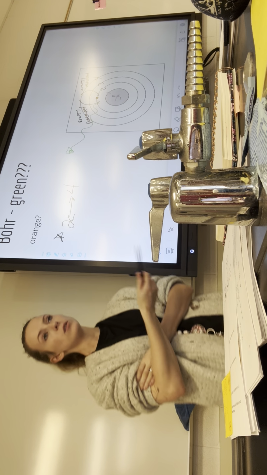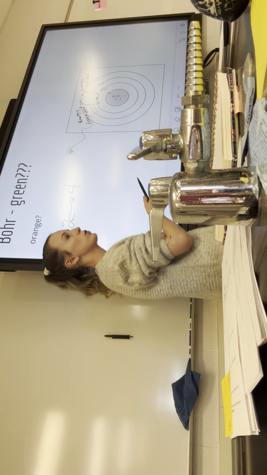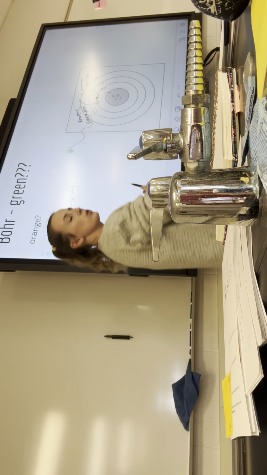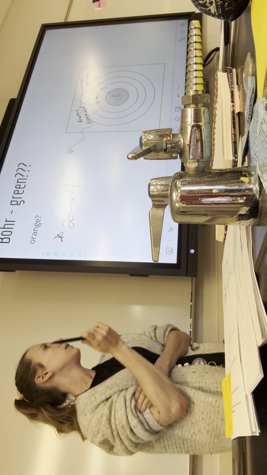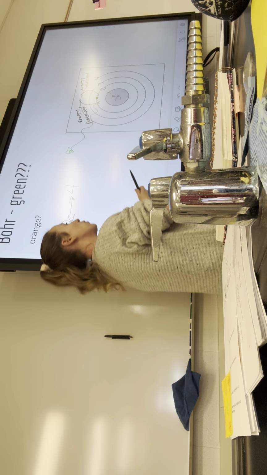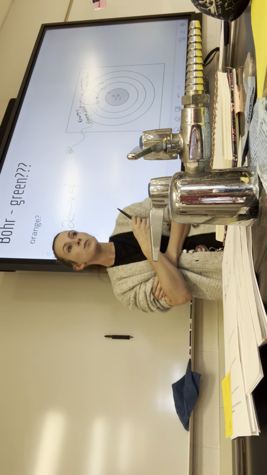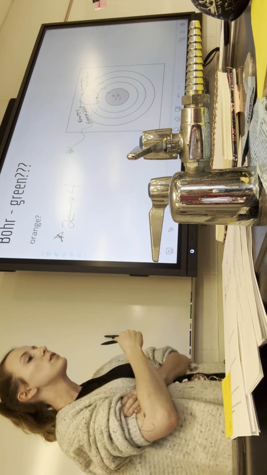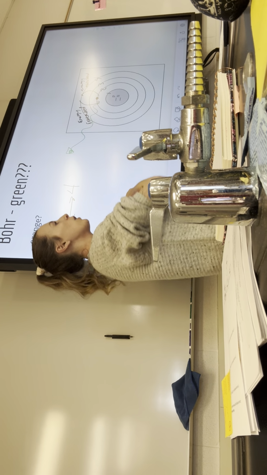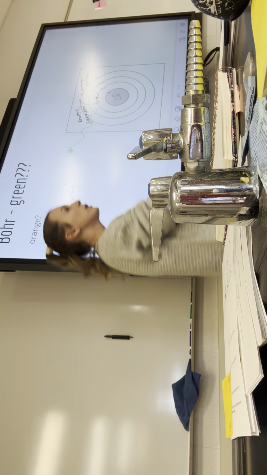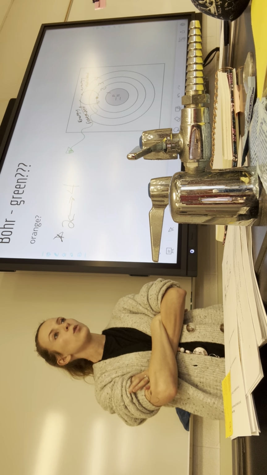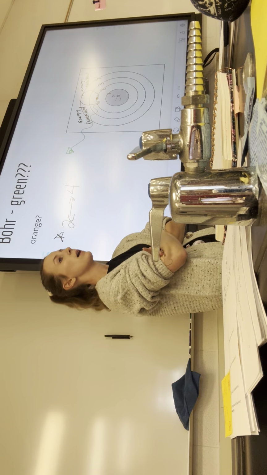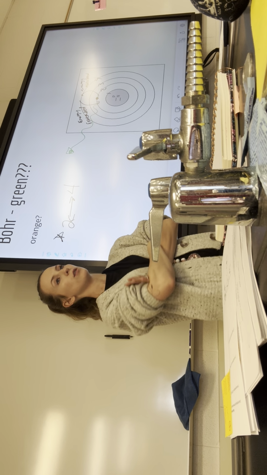Those are your hints for orange light. So you can write those down. I'll say it again. Think about where orange is on the visible light spectrum. What colors is it between? And also think about whether this is one electron, one atom, or if it's multiple that this is happening to, based on what you did with the flame test.